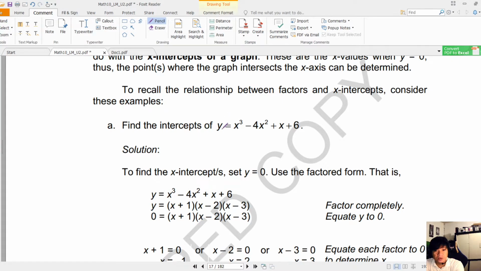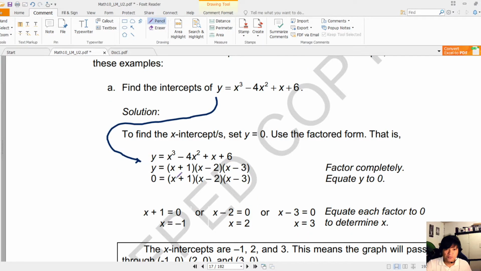So, itong y dito, magiging 0. So, magiging ganito na siya. As you can see at the end here, ginawa na niyang 0 yung ating y. And, na-factored. Ang pag-factor dito is, yung previous lesson natin, you can use synthetic division, diba? You can use the rational root theorem to know the real roots, and after identifying the real roots, ma-identify na ninyo yung kaniyang factored form.